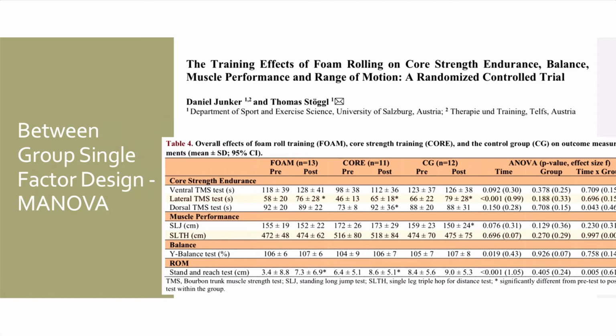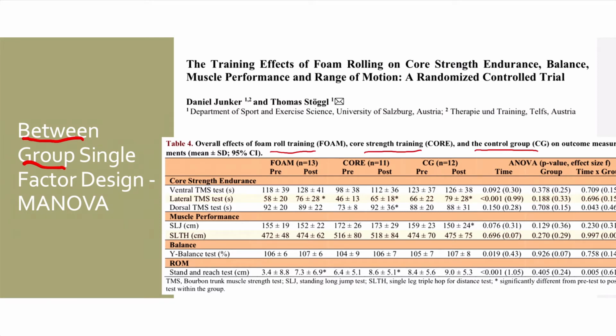We had a foam rolling treatment or training group. We had a core strength training group, and then a control group that did, I believe, basically nothing. That's the group you wanted to be in, right? But those were the 3 different groups. So a particular subject was randomly assigned to one of those groups. That's what makes this a between group study, because each subject was in only one of the treatments.